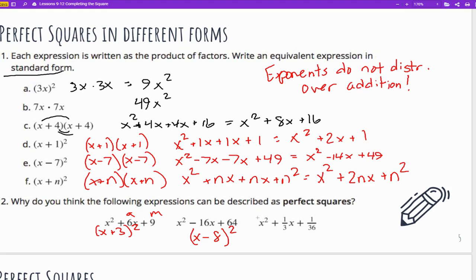Same thing over here. If we look at this one, 36, right? So 1 over 36, well, what multiplied by itself gives you 36? 6, right? So what if we wrote this as x plus 1 over 6 squared? Now, does that work? 6 times 6 is 36. 1/6 times 1/6 is 1/36.